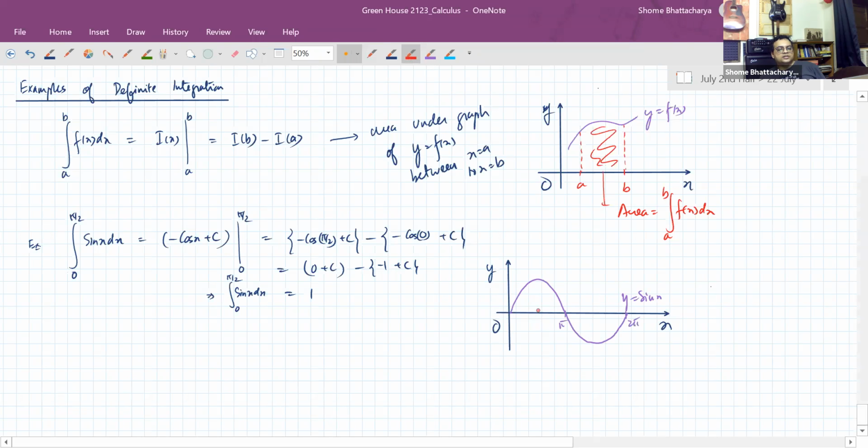You can see that this point is pi by 2. This point is 0. So the area that we are talking about in this integral is this area. This area is basically integration of sin x from 0 to pi by 2, which is 1. So this is something that we are familiar with. Just as you're noting this down, you can try out a couple of examples.